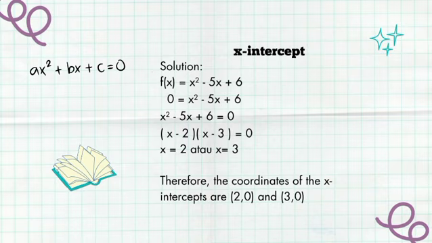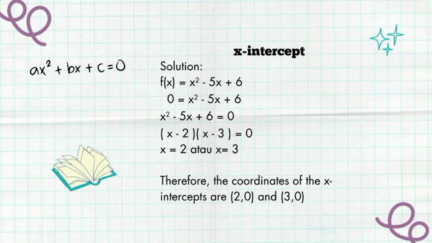Okay, we can rewrite it as x squared minus 5x plus 6 equals 0. Next we need to find the zeros of the function, which means we need to find the values of x. To do this, we factor the quadratic expression.